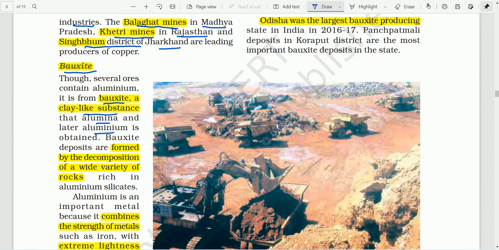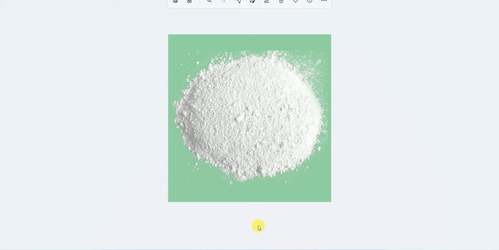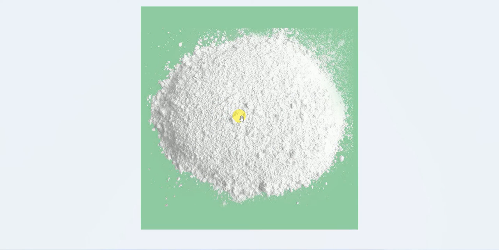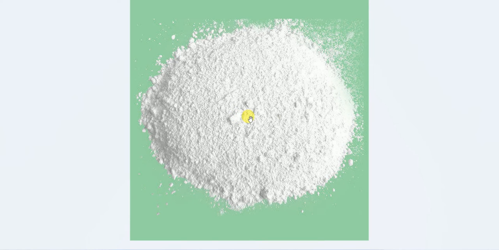Alumina is also known as aluminum oxide. This alumina is obtained from bauxite ore, and from aluminum oxide, again we get aluminum metal.